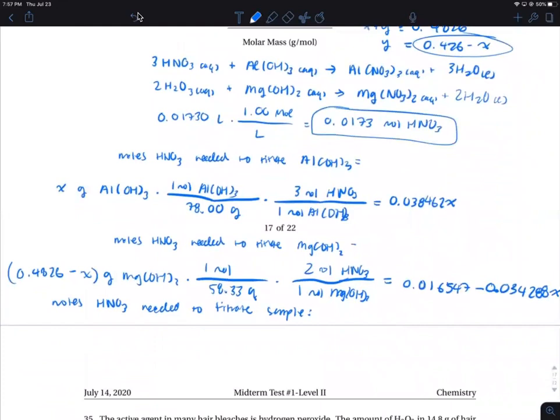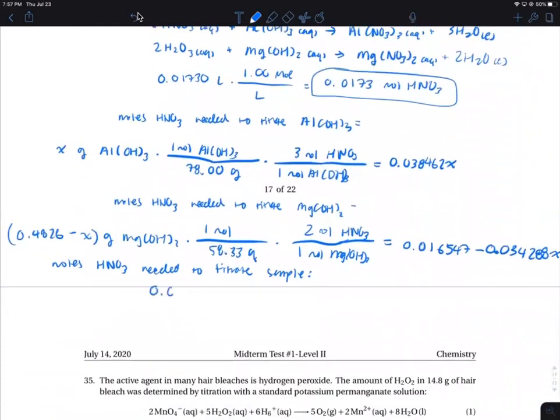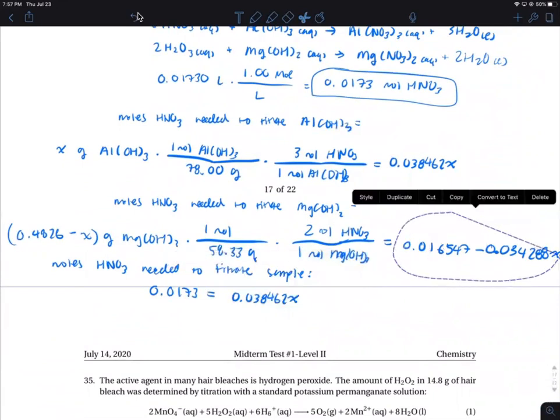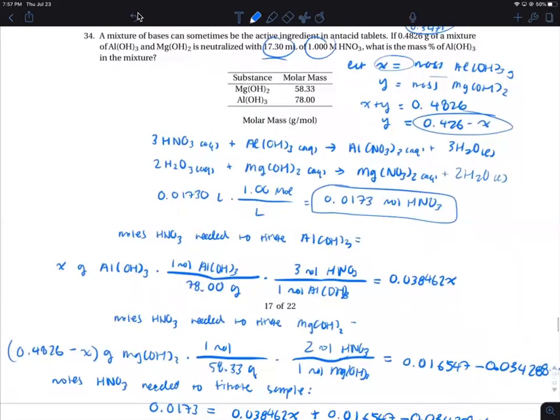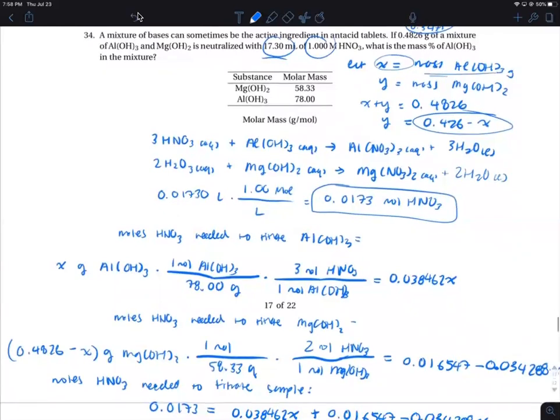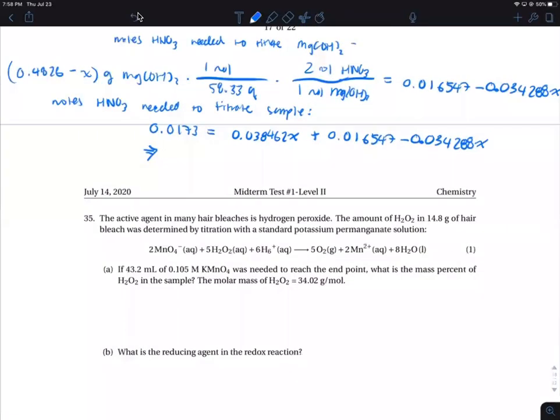So we set 0.0173 equal to the sum of this expression and this expression. From here we can solve for x, which we first defined as the mass of AlOH3, and then we can find the mass percent.